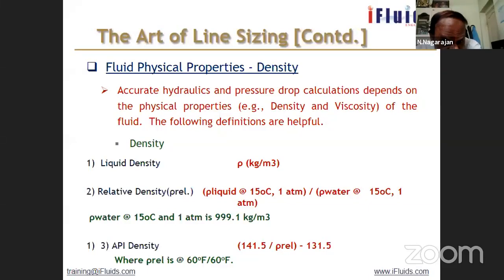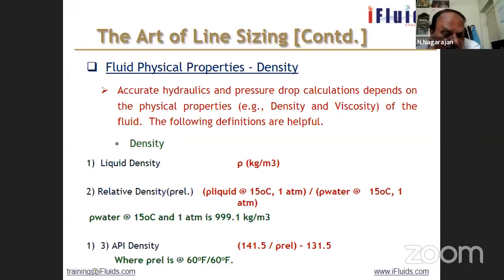So the density of liquid at 15 degrees centigrade and 1 atmosphere divided by the density of water at 15 degrees centigrade and 1 atmosphere is called the relative density. And the density of water, we all know, at 15 degrees centigrade and 1 atmospheric pressure is 999.1. Generally, we say 1000 kg per meter cube.